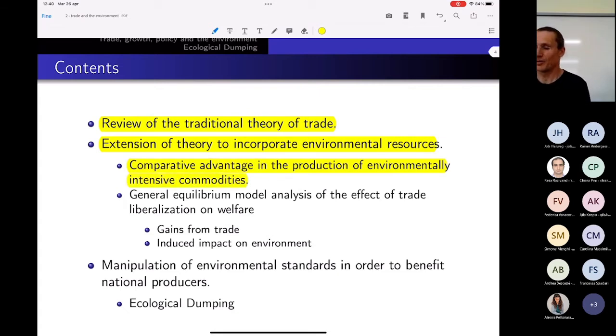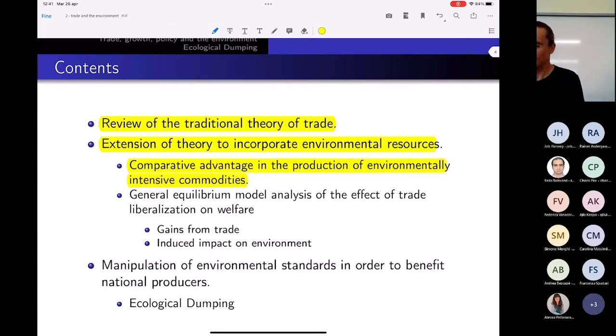Because trade theory is really about comparative advantage, studying the extension to environmental resources, we are interested in the conditions such that you have a comparative advantage in environmentally intensive commodities. So also, what are environmentally intensive commodities, and how can you have a comparative advantage.